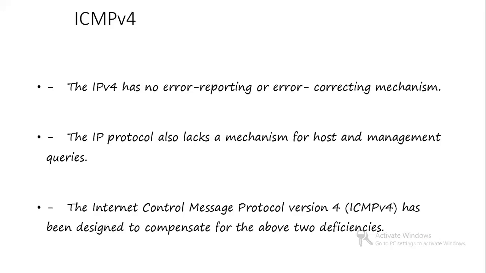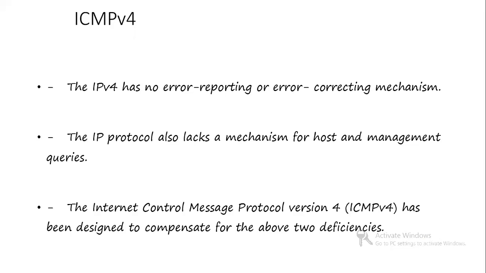A host sometimes needs to determine if a router or another host is alive, and sometimes a network manager needs information from another host or router. ICMPv4, that is Internet Control Message Protocol version 4, has been designed to compensate for the above two deficiencies. It is a companion to the IP protocol. ICMP itself is a network layer protocol.